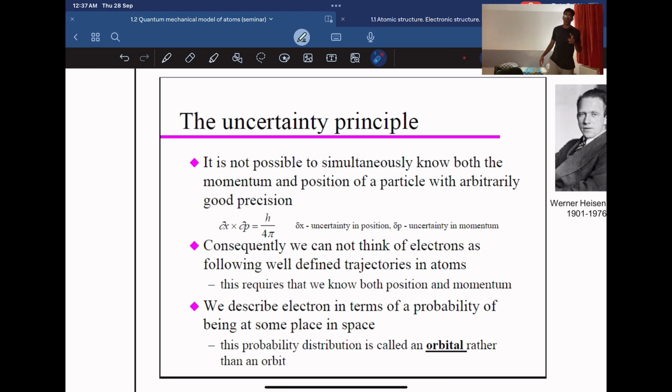So yeah, now the uncertainty principle by Heisenberg. It just says that you cannot measure the momentum and the position of anything at once. Okay, you just cannot, because of the duality of matter, wave and particle.